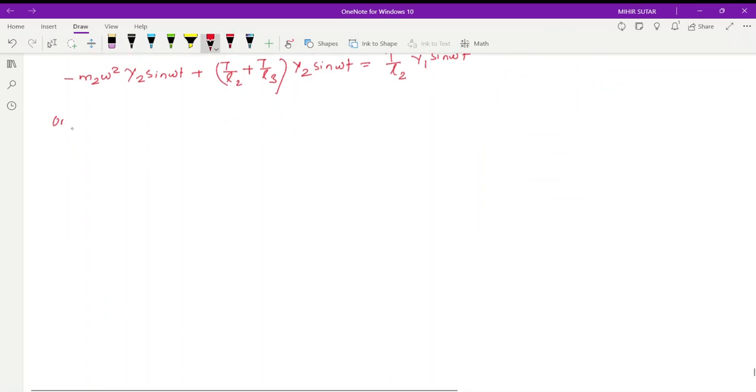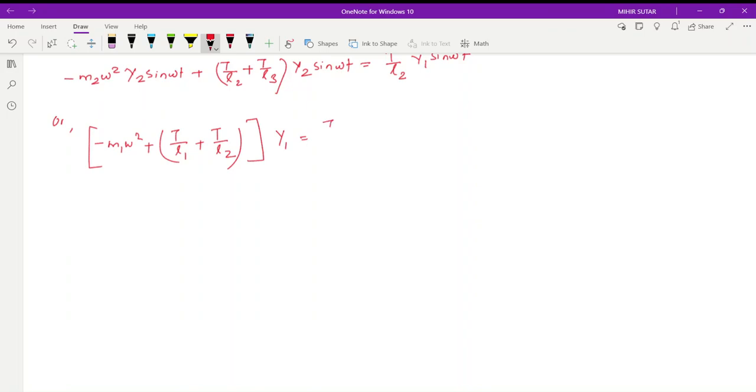or we can rewrite the equation as minus m1 omega square plus T by L1 plus T by L2 whole into Y1 is equal to T by L2 Y2, minus m2 omega square plus T by L2 plus T by L3 Y2 is equal to T by L2 of Y1.